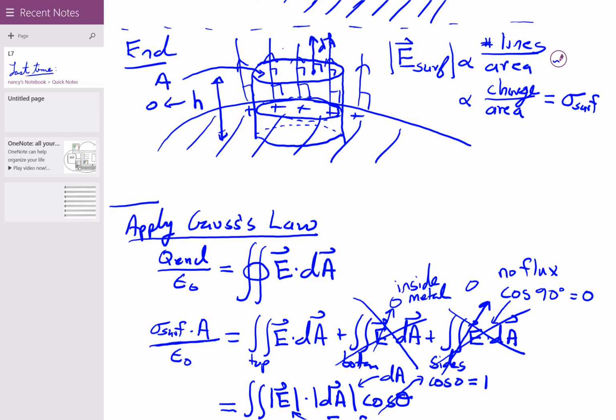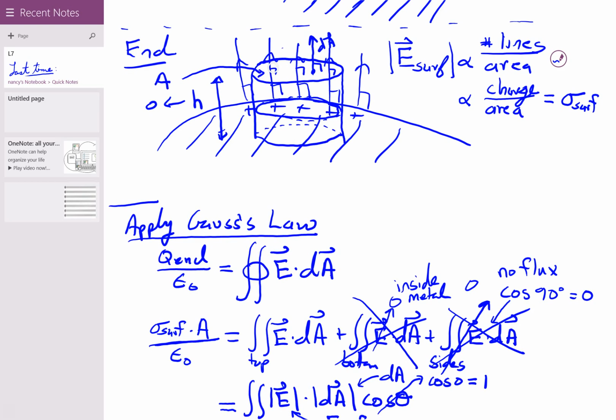I want to move up the bottom portion and move down the top portion to make it a very thin little sandwich hovering over that surface, so that the electric field I'm measuring on this top part really is the electric field as close as I can possibly get to the metal. Also, I will shrink this circular region down to a specific point, so that I can compare the electric field coming into that point to the charge density right under that point.